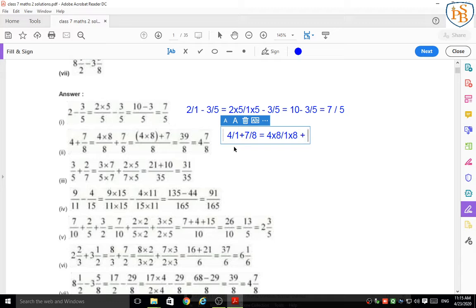plus 7 upon 8 will remain the same. So 4 8s are 32 plus 7 remains the same upon, we have already equalized the denominator, that is 8. So our answer will be 32 plus 7 is 39 upon 8.